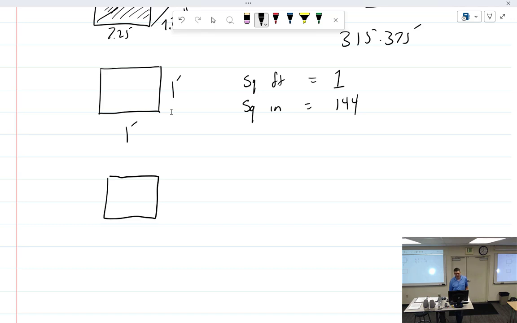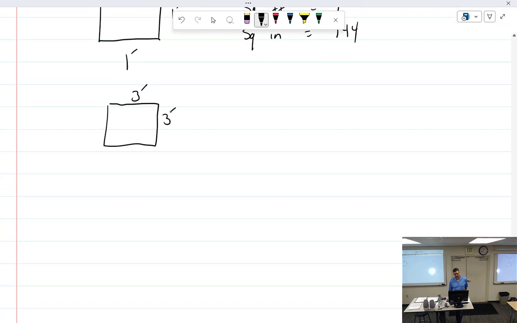Or we could look at it this way, and that may not work out, so don't worry about that. What if we had 3 feet by 3 feet? 9 square feet. If I had 3 yards by 3 yards, how many square yards do I have? 9 square yards.